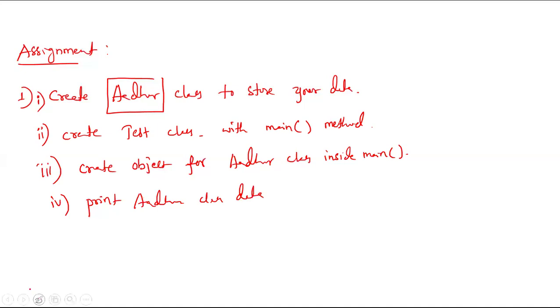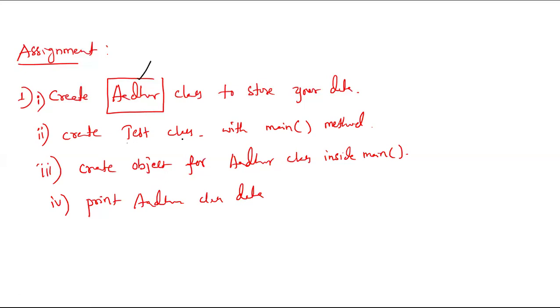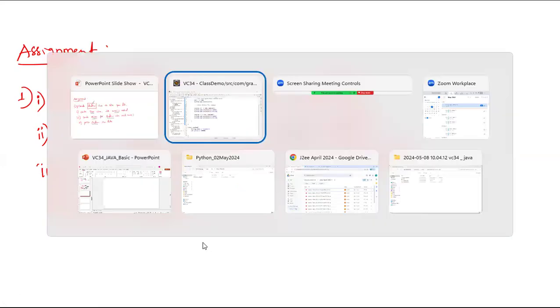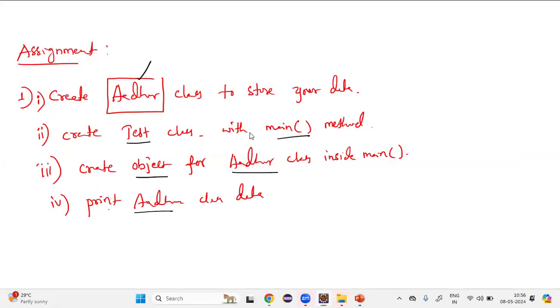It's the same thing as what we did: create a laptop class and take one more test class with main method. Inside the main method, create the object for the laptop class, then print the laptop data. That's what our example says. Now the same thing for practice: I am asking you to create an Aadhaar class and print the Aadhaar data.